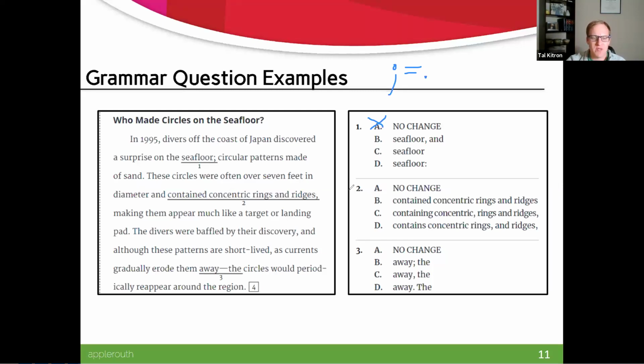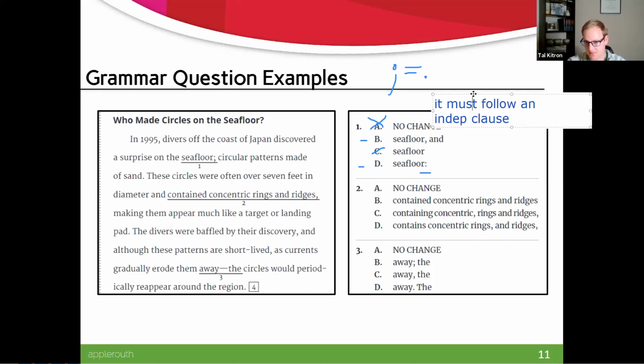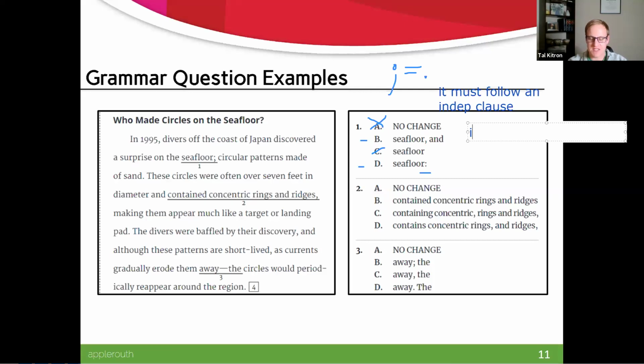So then I test C because it's no pause, and oftentimes that's the correct answer. Divers off the coast of Japan discovered a surprise on the seafloor, circular patterns made of sand. Should feel like we need a pause. And then between B and D, people really don't like using colons, but the rule for a colon is just it must follow an independent clause, meaning a full sentence, and it must introduce something.